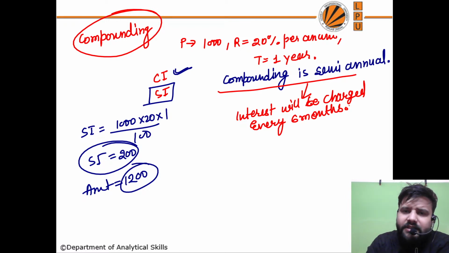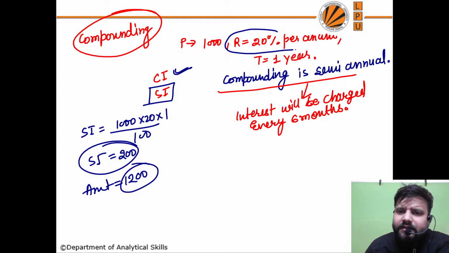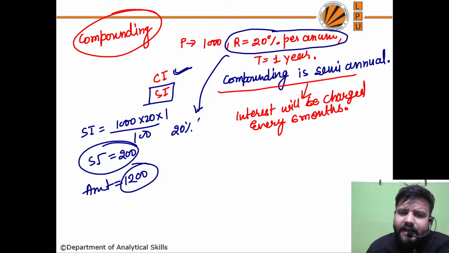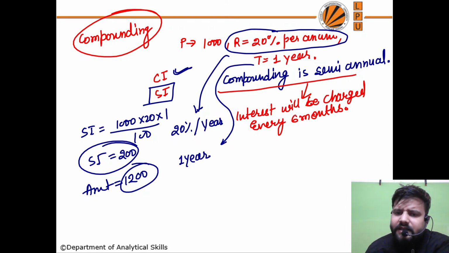Now, in the question, you are given a rate of interest which is 20% per annum. This is a rate per year. Per annum means 20% you will charge per year. Getting it? And the time is 1 year. So now, as per the compounding, if compounding is given in the question, it means that you have to convert your rate of interest as per the compounding.